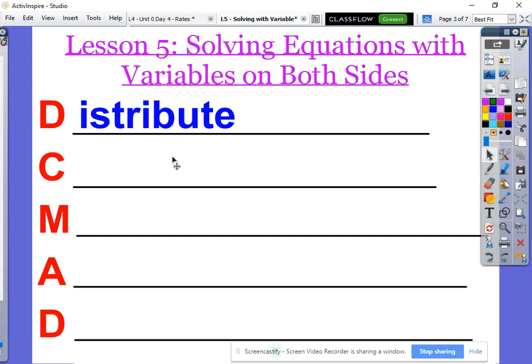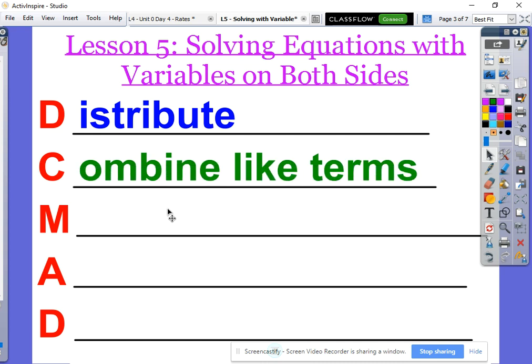Next, the C stands for, you should probably already know as well, combine those like terms. So this is similar to some of our steps from yesterday. Combine like terms. And then M, some of you are probably thinking multiplication. It is not multiplication. What's happening is we're talking about equations where you have variables on both sides of the equation.